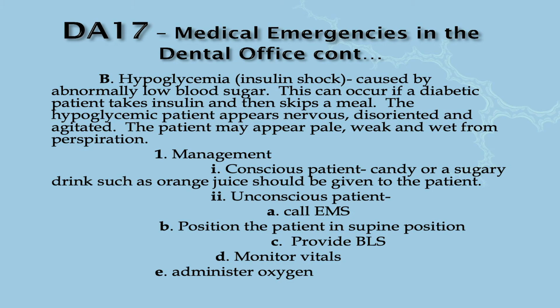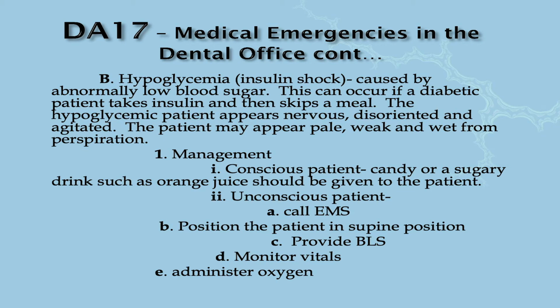Another common medical emergency is hypoglycemia. This is known as insulin shock, and it's caused by an abnormally low blood sugar. This can occur if a diabetic patient who takes insulin has skipped a meal. The hypoglycemic patient will appear nervous, disoriented, and even agitated. They may appear pale, weak, and even wet from perspiration.